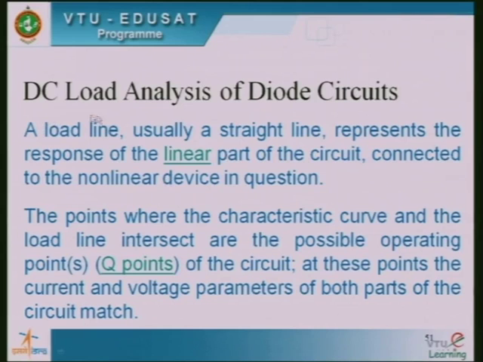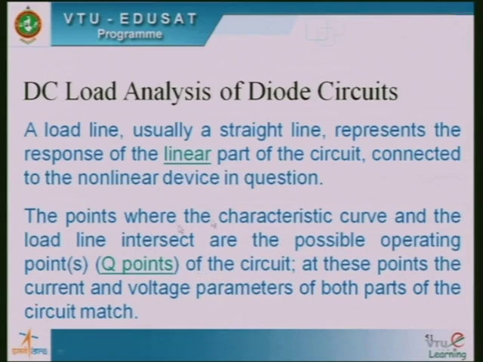That means the load line represents the resistance R, called the load, which is connected in series with the nonlinear device, in this case the diode. The points where the characteristic curve and the load line intersect are the possible operating points.